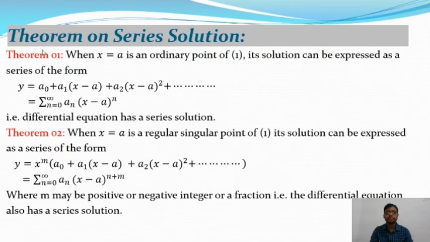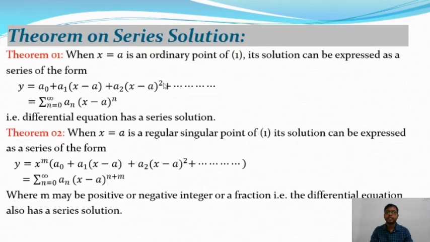So here is the first theorem. When x = a is an ordinary point of equation 1, that is p0(x) d2y/dx2 + p1(x) dy/dx + p2(x) y = 0, then its solution can be expressed as a series of the form y = a0 + a1 (x − a) + a2 (x − a)² and so on up to infinity.